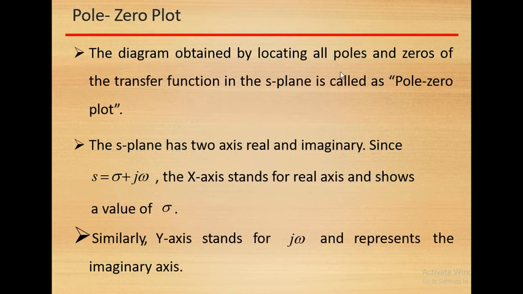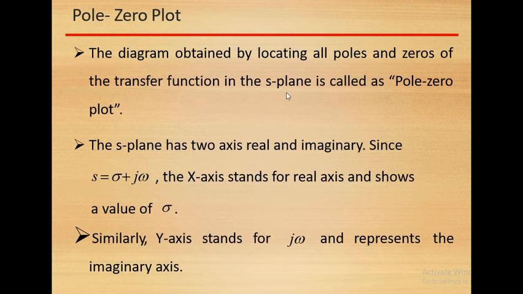We have seen how to calculate poles, how to calculate zeros by putting different values in that equation, how to consider the numerator and the denominator, and how to place these poles and zeros and represent them on an S plane. So the diagram obtained by locating all the poles and zeros of a transfer function in the S plane is called a pole zero plot.